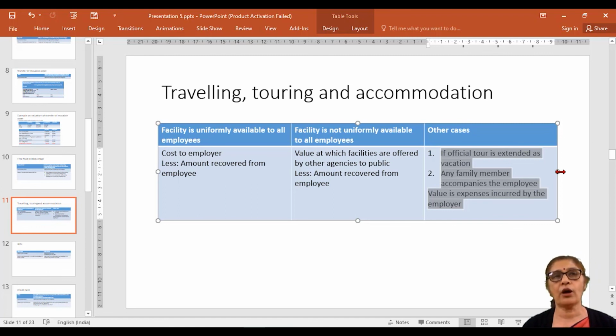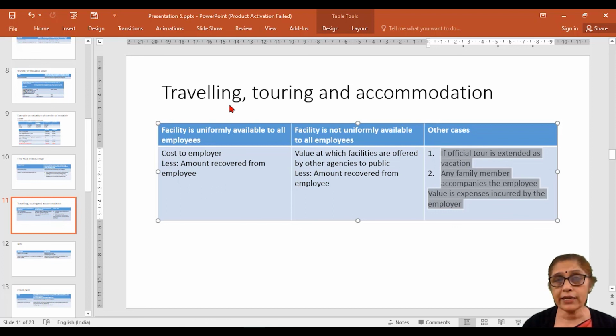So whatever amount the employer is incurring on providing the benefit to my family, that would also be taxable. So that is how we find out the value of perquisite on account of traveling, touring and accommodation.